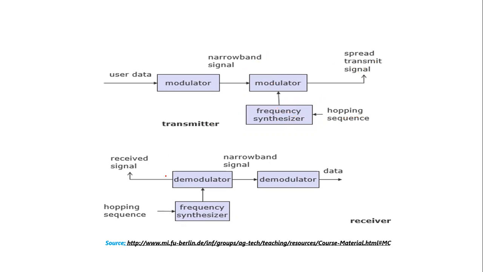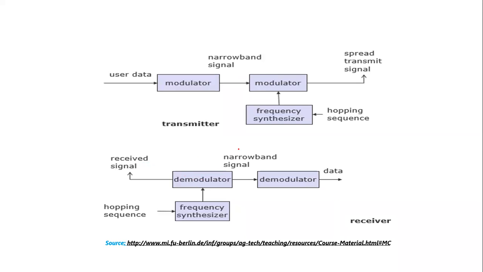And now the receiver will receive this signal, and first the receiver demodulates it using the frequency synthesizer with the same hopping sequence that is used by the sender. Once he passes the hopping sequence to the frequency synthesizer, he will get the same carrier signal which is used by the sender, and this same carrier signal is used to demodulate the signal that is received from the sender.